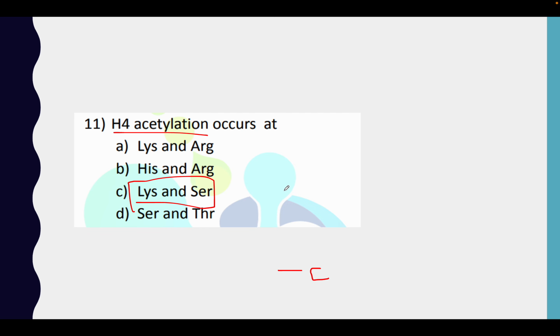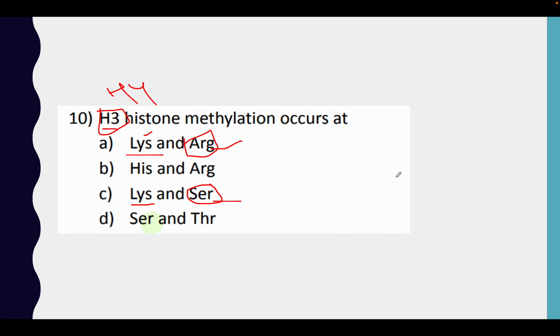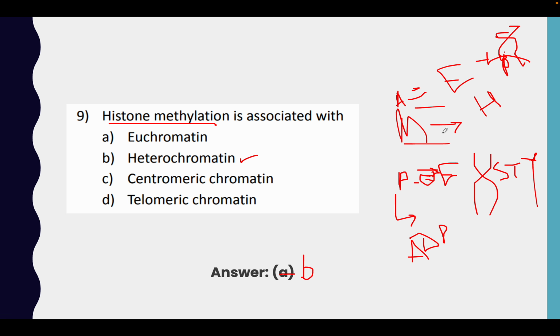So that's the difference between methylation and acetylation. We have discussed that acetylation occurs at euchromatin. It is mainly related to creating the negative charge on the euchromatin, and it makes it more open, and it provides a methyl group.